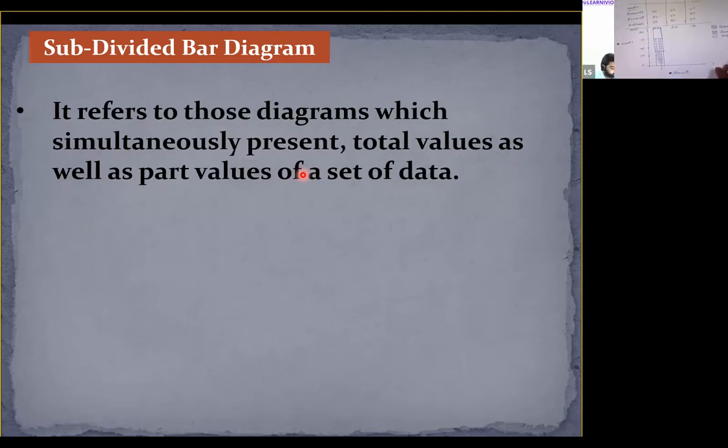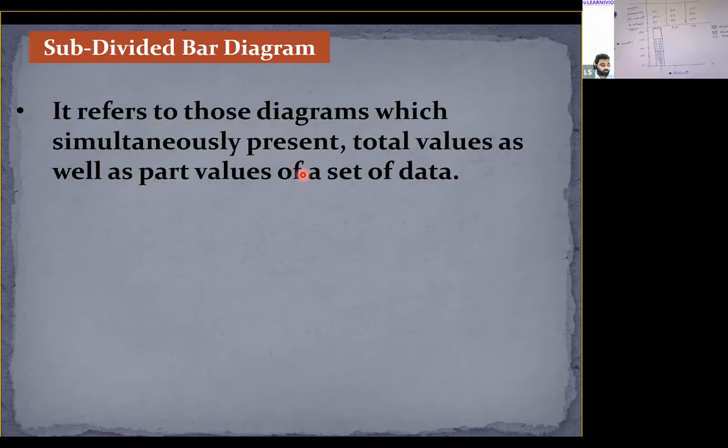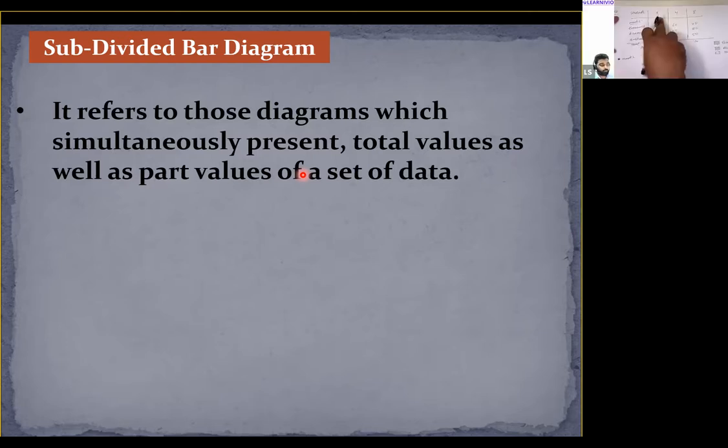Samiksha? In case of multiple bar diagram, we have to prepare different bars in order to indicate different values regarding a particular person. So if we were making the multiple bar diagram for student X, we would be required to prepare three different columns to present the different marks scored in different subjects. But in case of subdivided bar diagram, we are not required to prepare multiple bars.